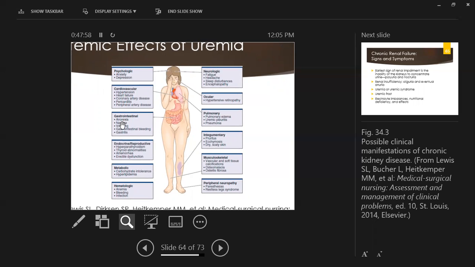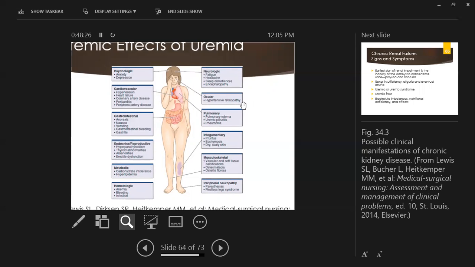Gastrointestinal system, we may have anorexia, nausea, vomiting, gastrointestinal bleeding, gastritis. Endocrine system or reproductive system, we may have hyperparathyroidism, thyroid abnormalities, amenorrhea, erectile dysfunction. Metabolic, we may have carbohydrate intolerance, hyperlipidemia. Hematologic, we may have anemia or bleeding, potentially even infection. Neurologic, fatigue, headache, sleep disturbances, encephalopathies.